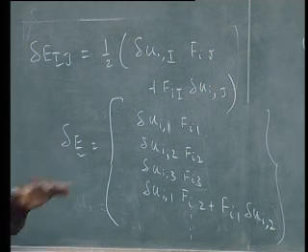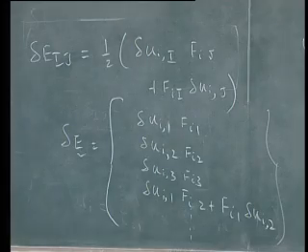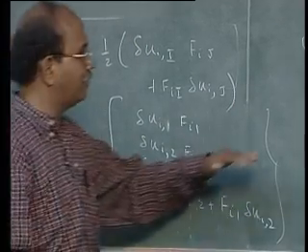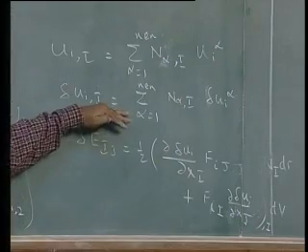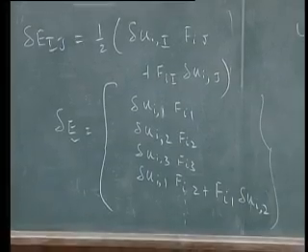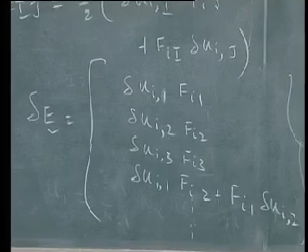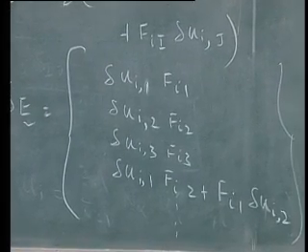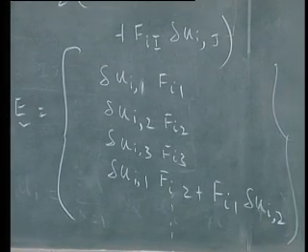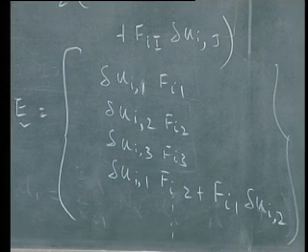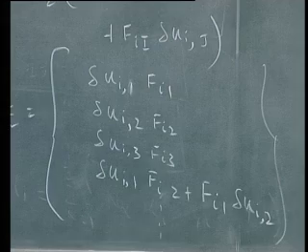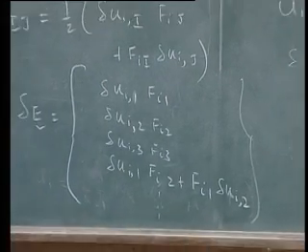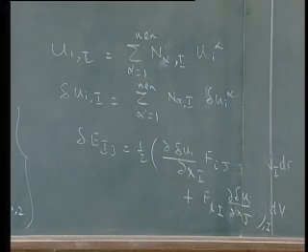Now we have another huge expression coming up, because unfortunately we have to now substitute what all we have here into this expression. Then let us see how δE would become. Please try to substitute it. This is just an exercise in algebra.